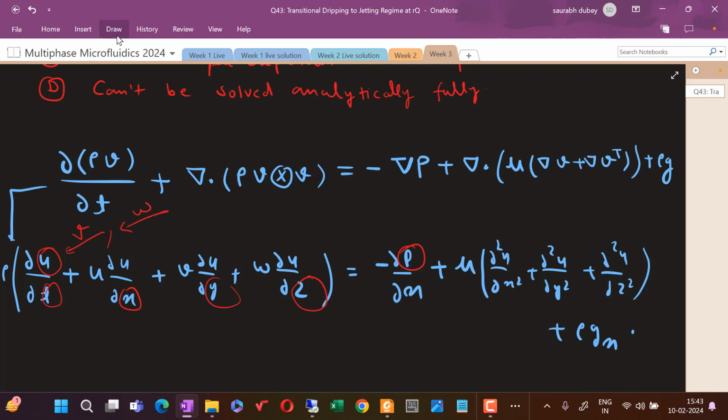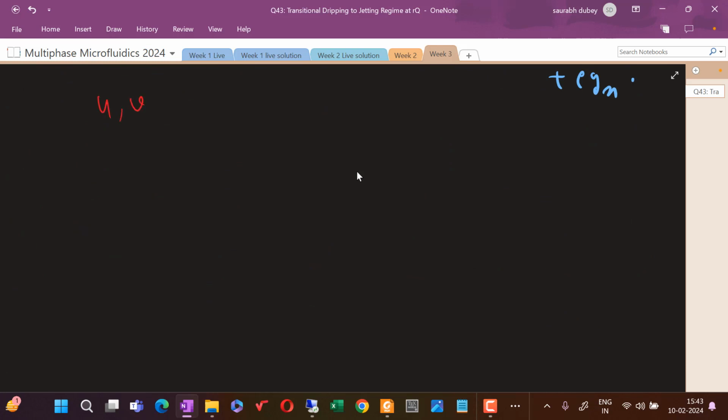So these u, v, w, and p are dependent variables, and t, x, y, z are the independent variables.